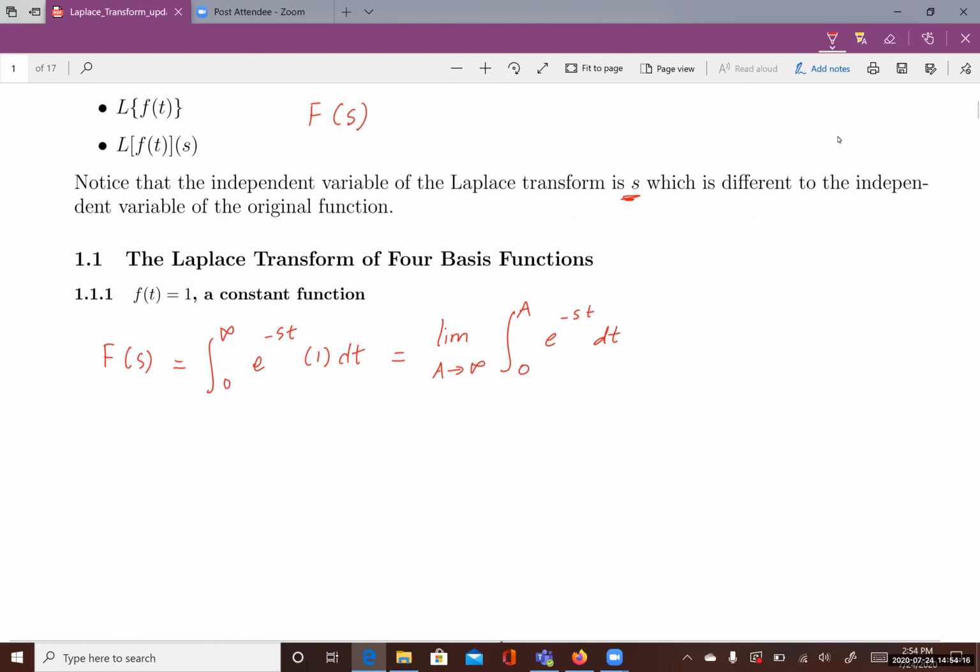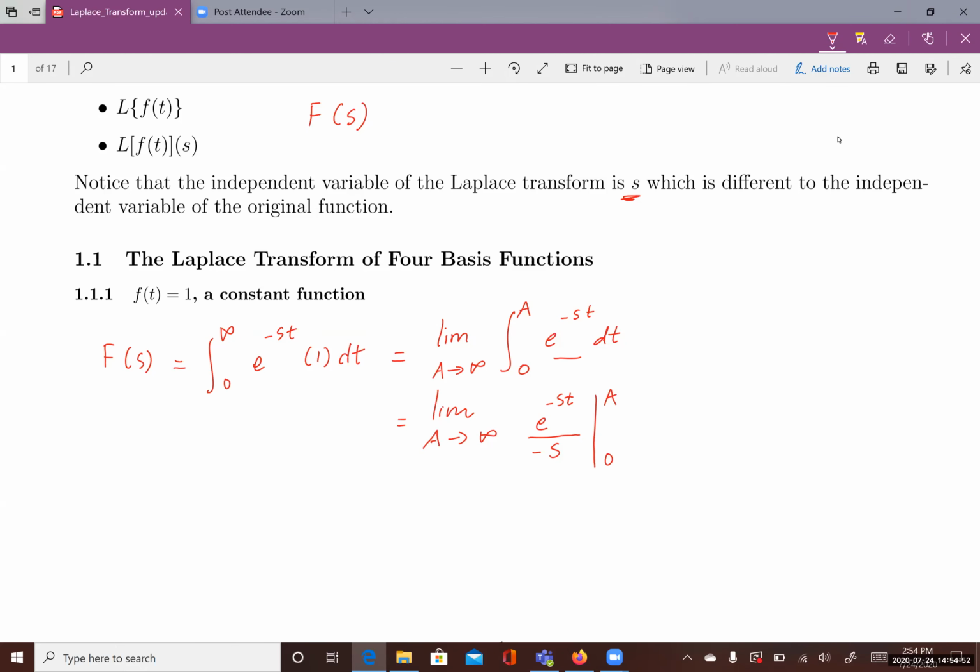Okay. And then we know that the integral of e to the negative st is going to be equal to the antiderivative of this function, which is e to the negative st divided by negative s, and you integrate it from 0 to a.